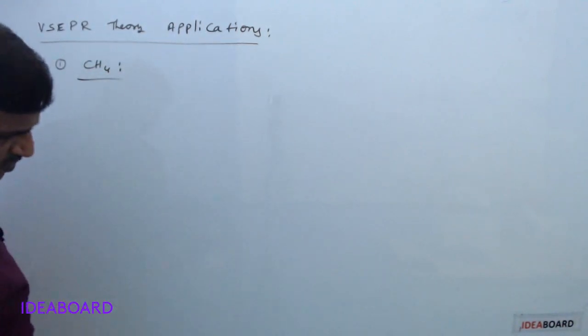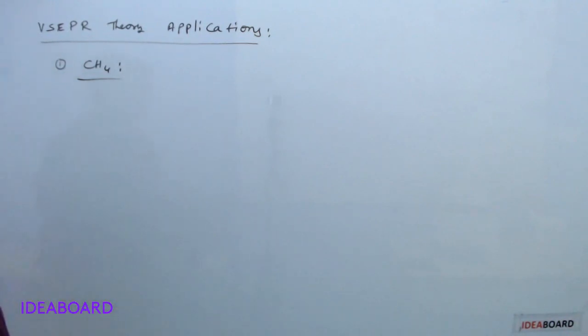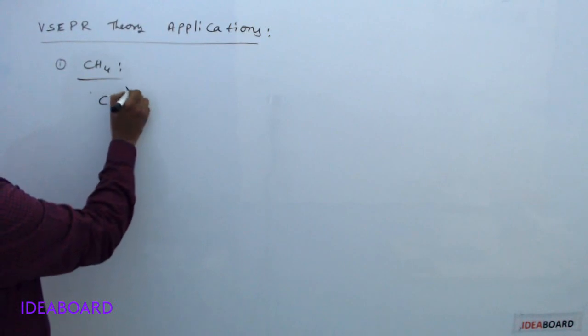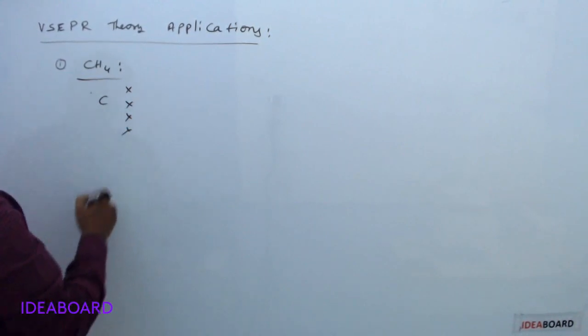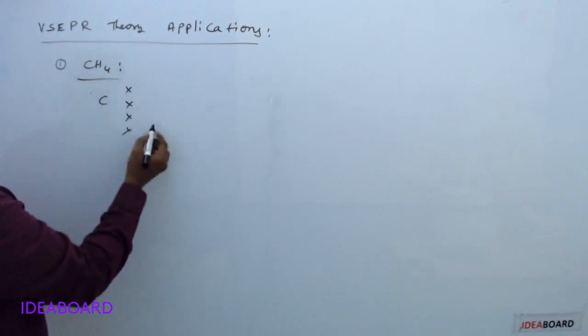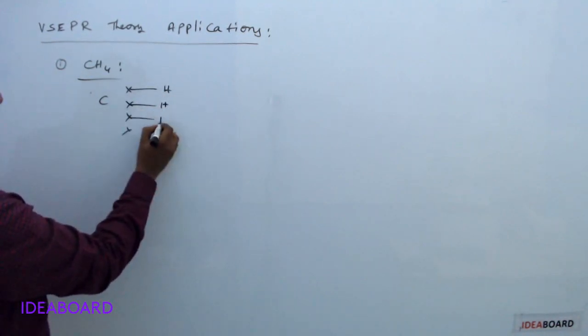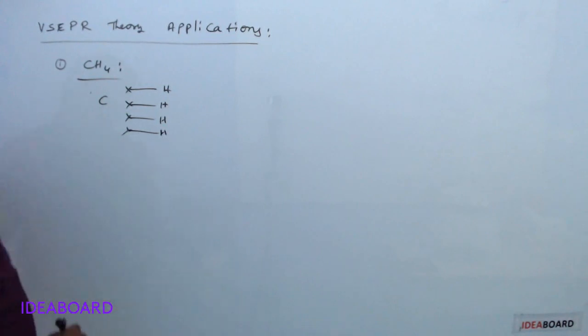In the CH4 molecule, how to calculate hybridization I also gave. Here the valency of the carbon atom is 4, so 1, 2, 3, 4. And here 4 hydrogen atoms are present, so 1, 2, 3, 4 bonds it can form.